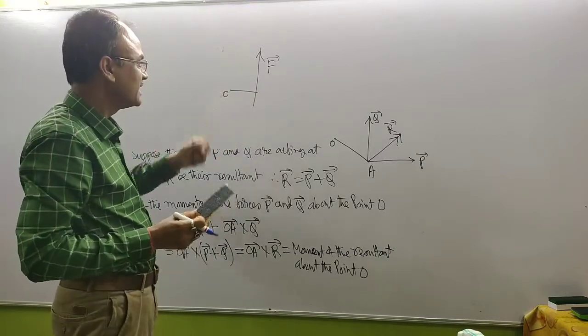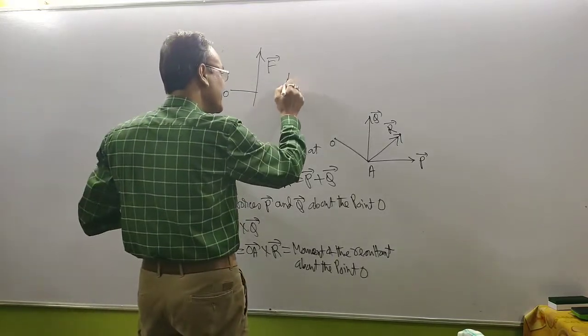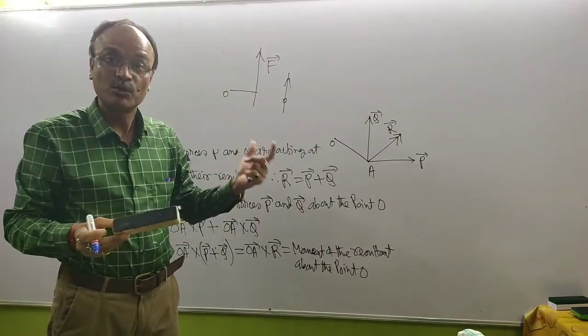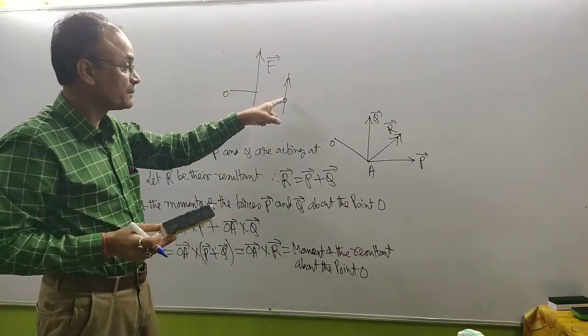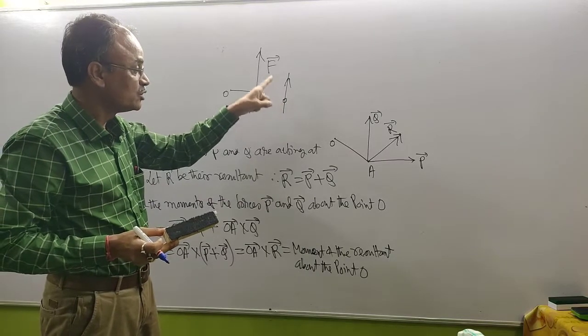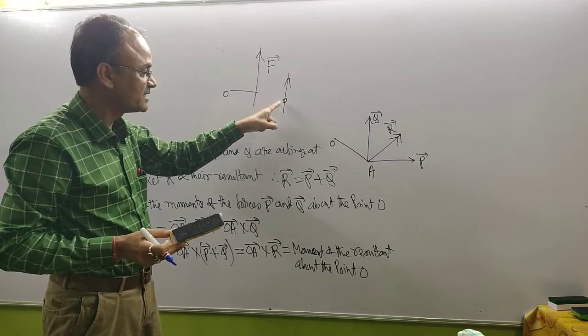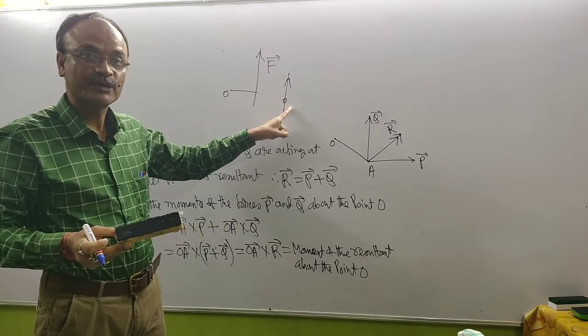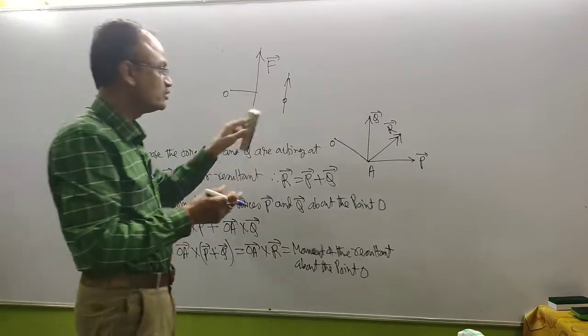Now, if the point is on the line of action of the force, then the moment will be equal to 0, because the perpendicular distance from the point to the line of action of the force is 0.